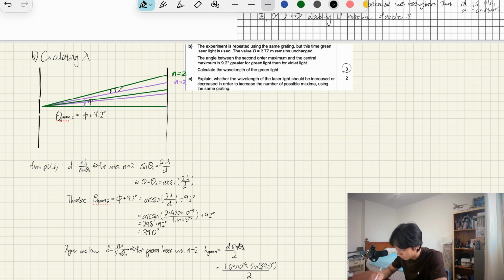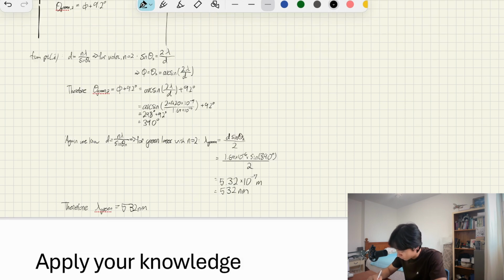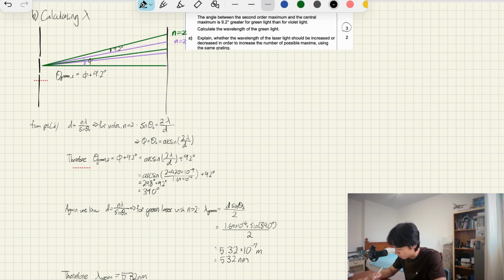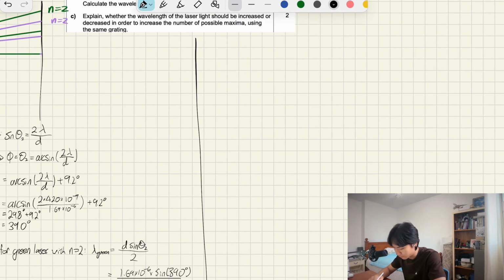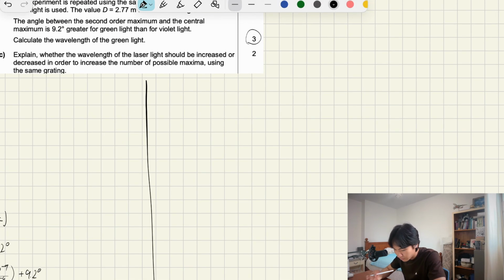Okay, so let's finish with part C. I'm running out of space here, so I'll write on the right-hand side. So let me just draw a line so as not to make it confusing. So explain whether the wavelength of the laser should be increased or decreased in order to increase the number of possible maxima using the same grating.